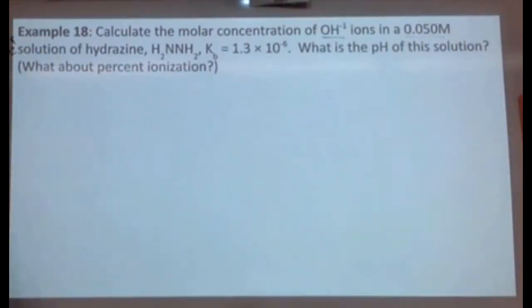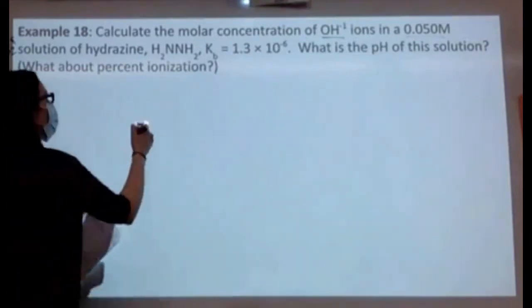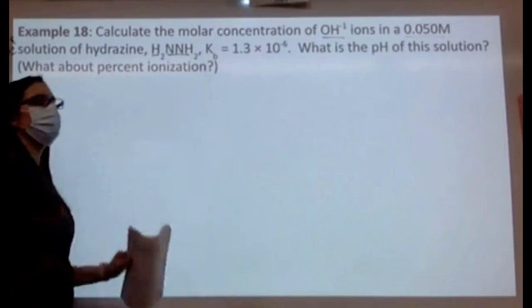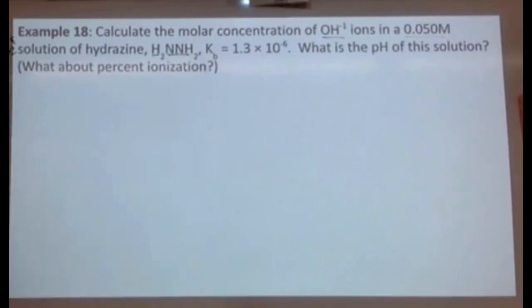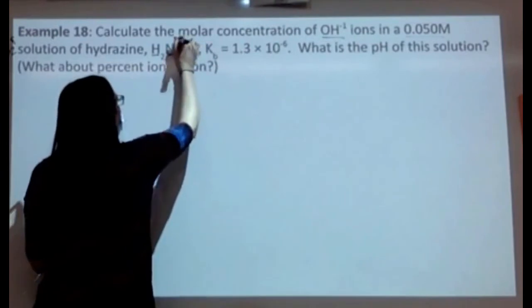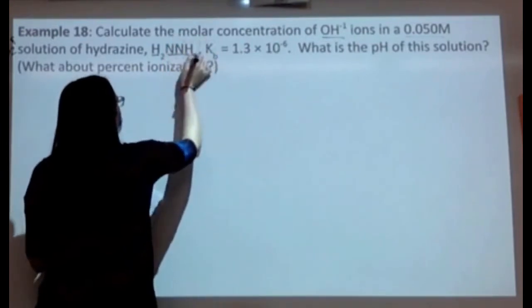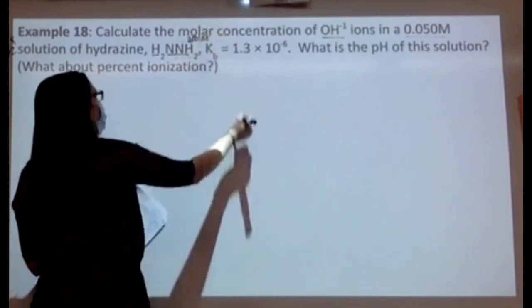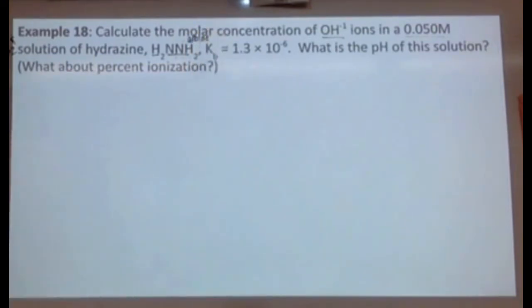Now, one way to know that this is a weak base is that when you have substances that have NH2, so when you have this NH2 group at the end, that's called an amine, A-M-I-N-E. It's an organic functional group.